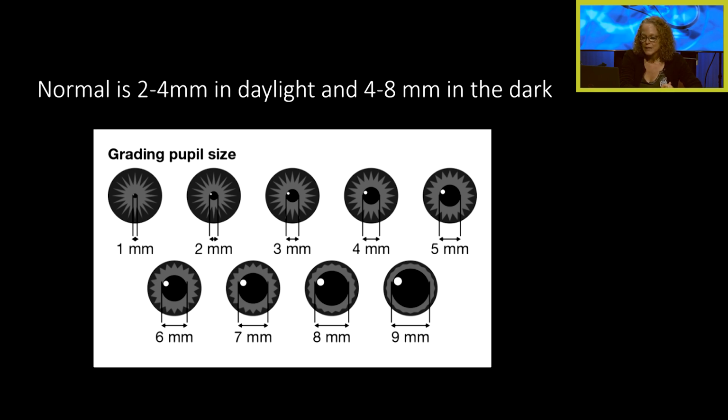So here we can see different examples of grading pupil size. Different things can impact the pupil size. We're not going to get into a lot of detail about that, but certain medications can cause the pupils to constrict and dilate. When we turn the lights out in a room, the pupils will normally dilate.